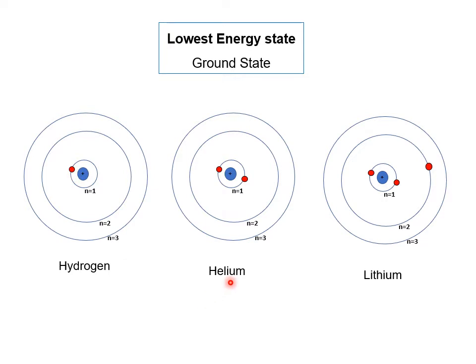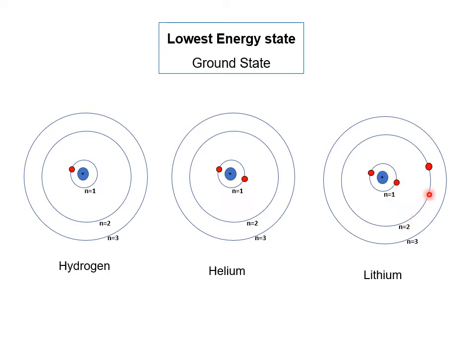Helium has 2 electrons. In order for helium to be in the ground state, both of those electrons would have to be in the n equals 1 orbit. Lithium, which has 3 electrons, its ground state would be 2 electrons in the n equals 1 orbit, but the third electron has to go into the n equals 2 orbit, because after 2 electrons, the first orbit fills up.